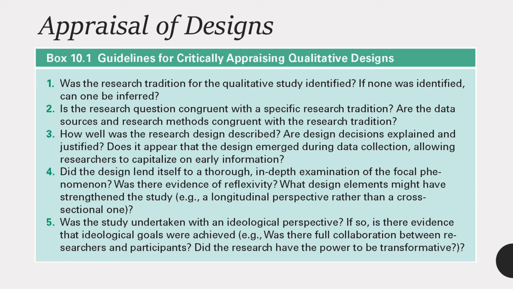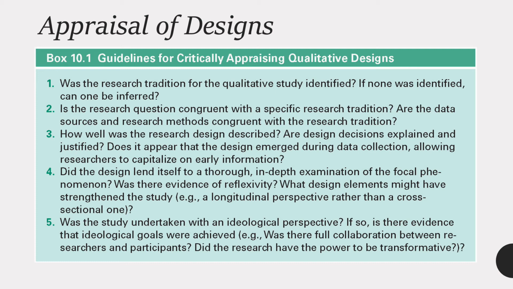Is the research question congruent with the specific research tradition? And are the data sources and research methods congruent with that tradition? This is why on the previous slide, I said you also need to keep that with you when you're reviewing your articles. How well was the research design described?